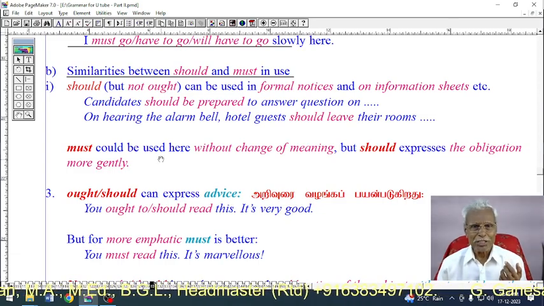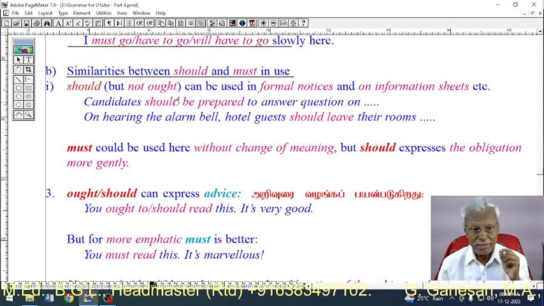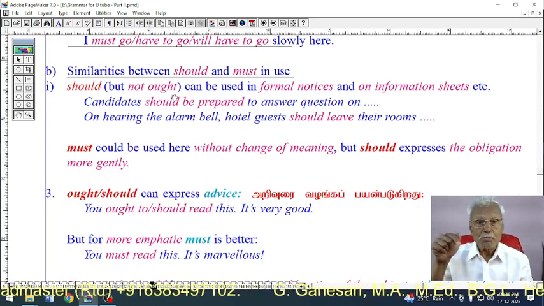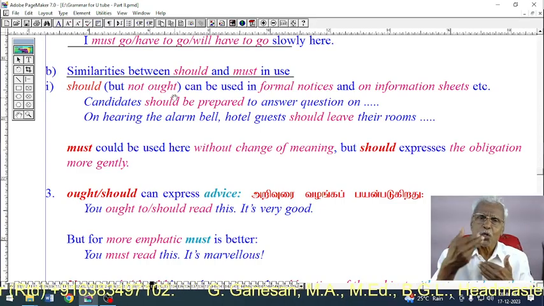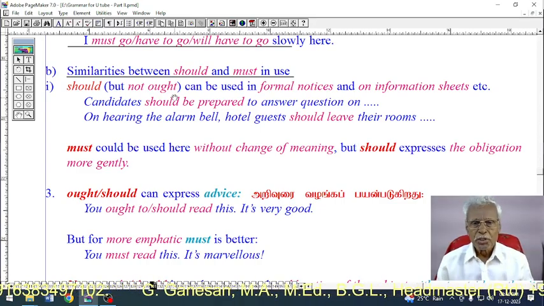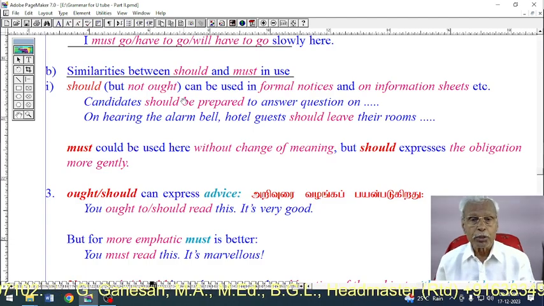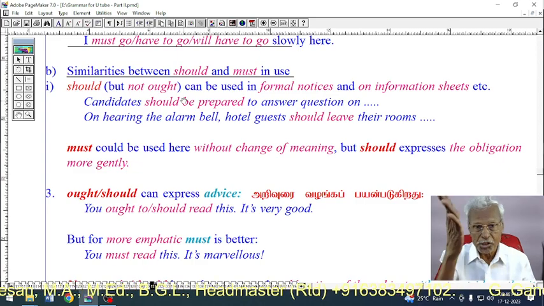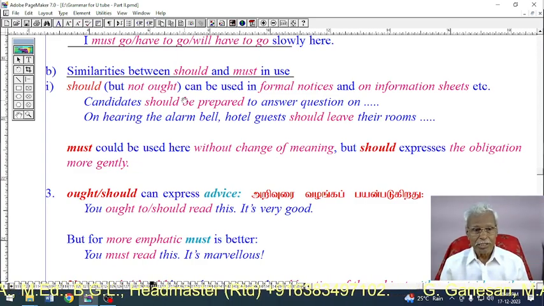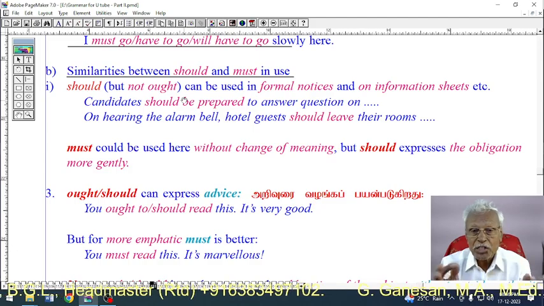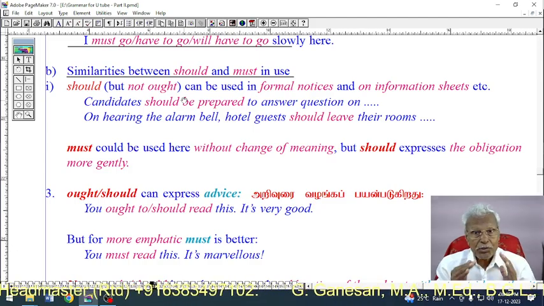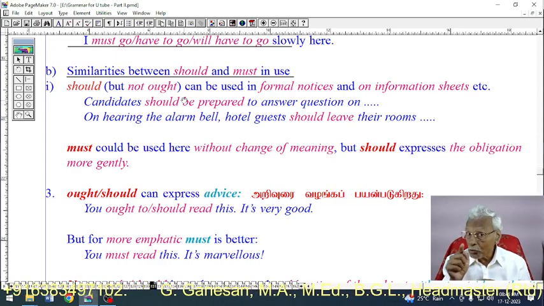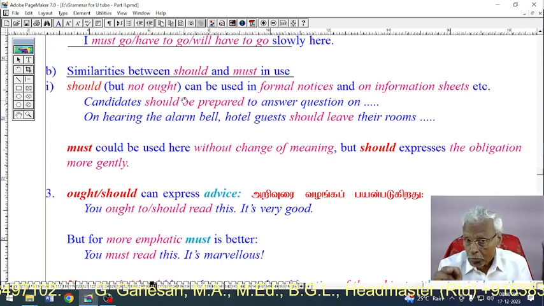See, my dear students, in this sentence, candidates should be prepared to answer questions. We can also use must: candidates must be prepared. But what is the difference between must and should? Here, should expresses the obligation more politely, as polite information.